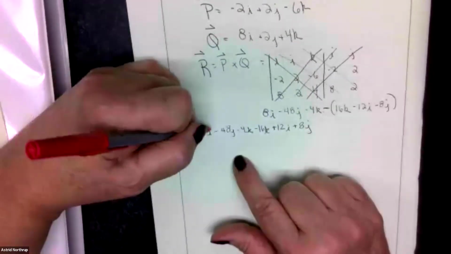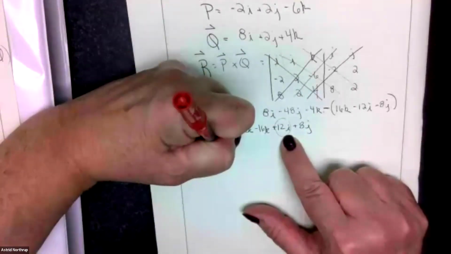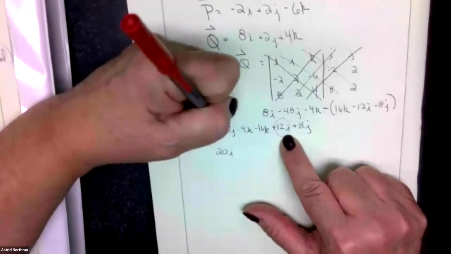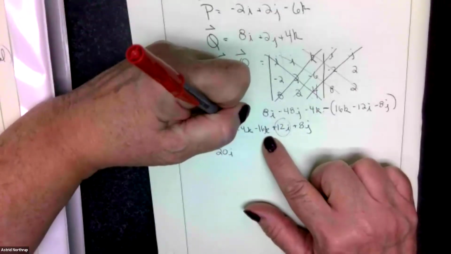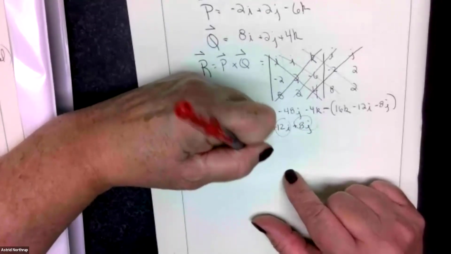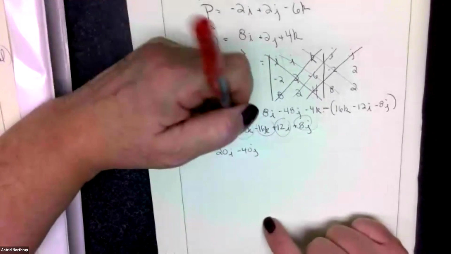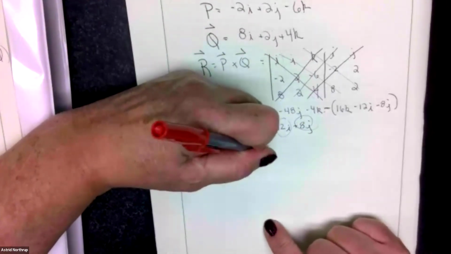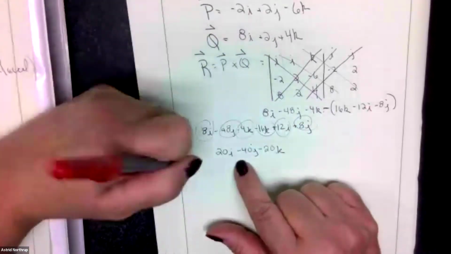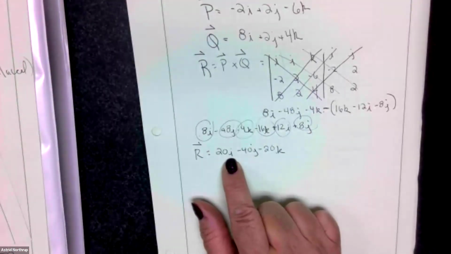So now gather up the I's. 8 plus 12 is 20I. J, I have negative 48 plus 8, which is negative 40J. And then negative 4 minus 16K, which is negative 20K. So the vector R, or the cross product of those two, is written like this.